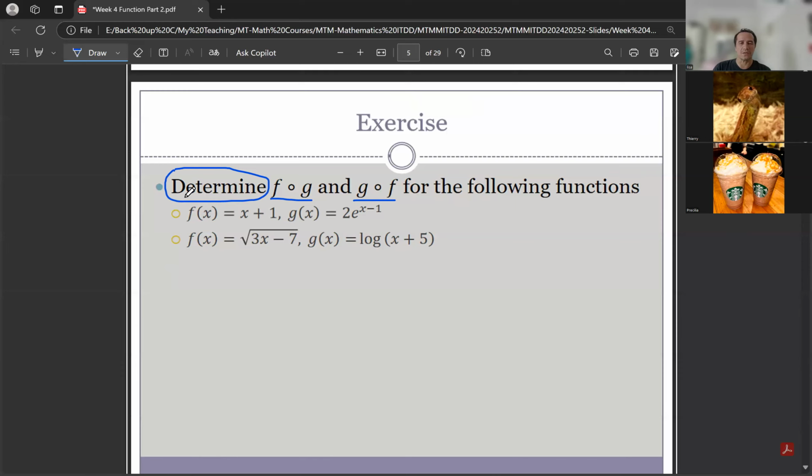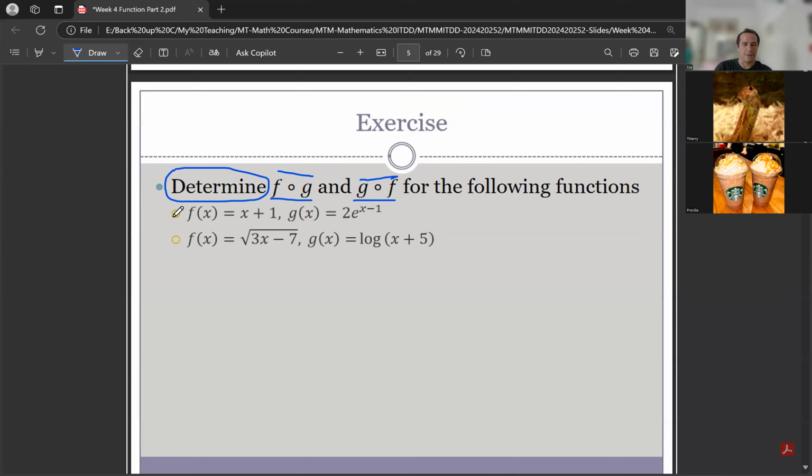There is no question about the existence of f∘g and g∘f, so we don't need to find the intersection of Rg with Df and so on. We just determine the rule of this function. Okay, let me show you exercise number one.